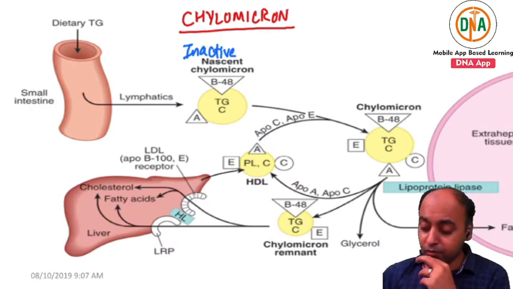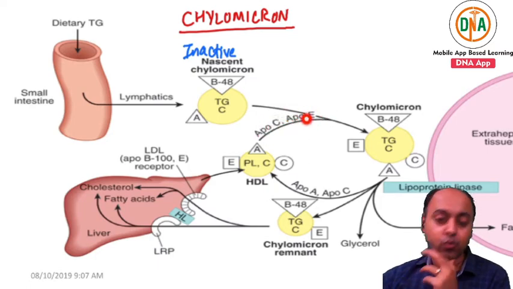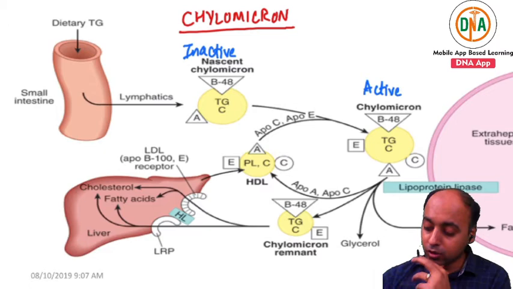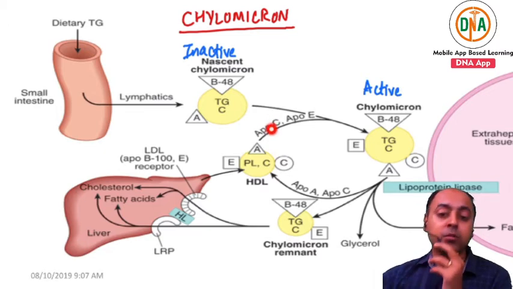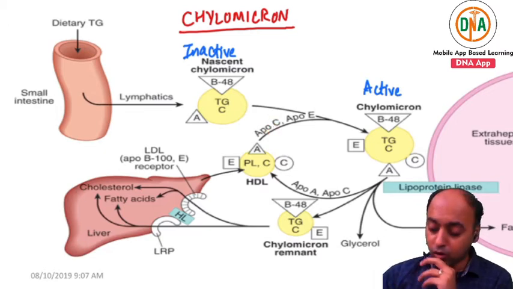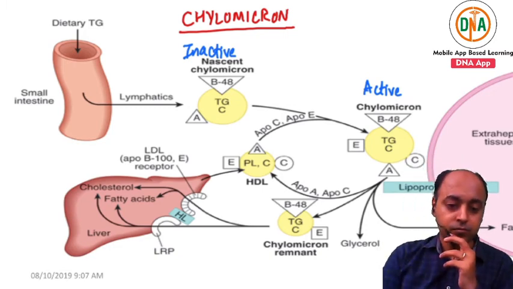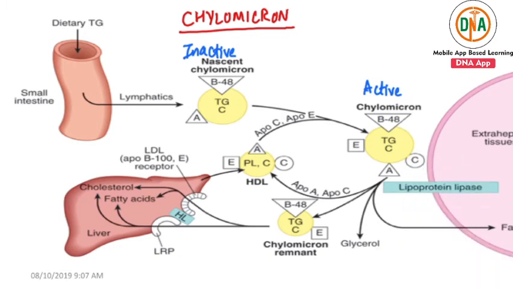So next, we have to borrow the ApoC2, which will come from HDL. ApoC2 is borrowed. Along with ApoC2, ApoE is obtained, and then we get the active or functional chylomicron. Now at this point, see what happens.